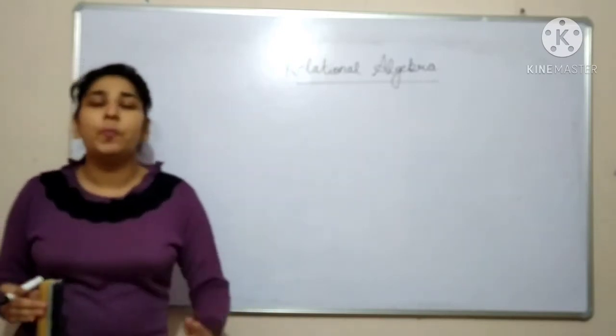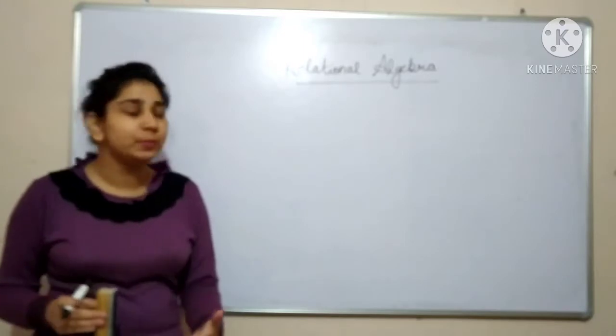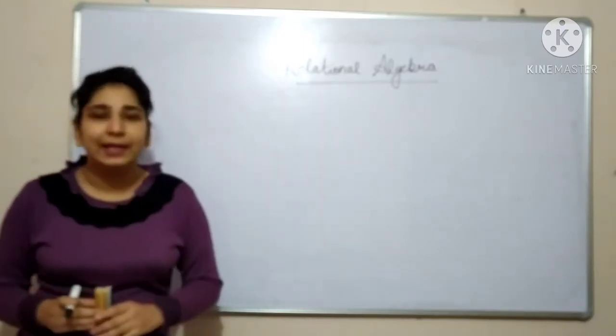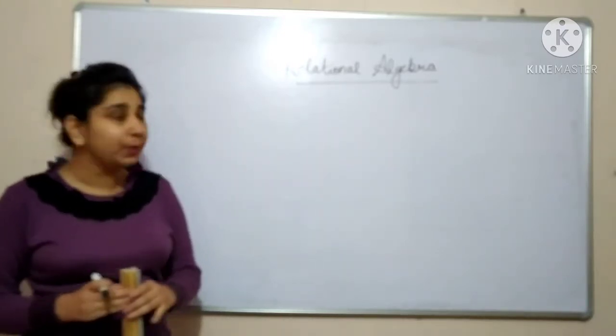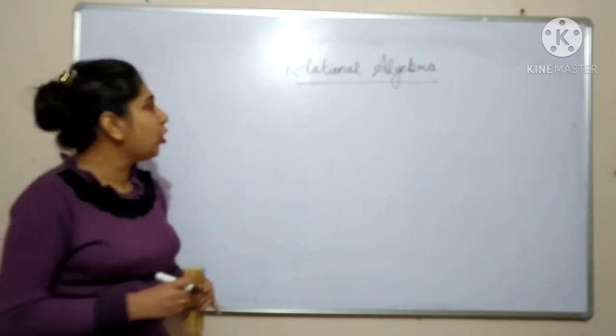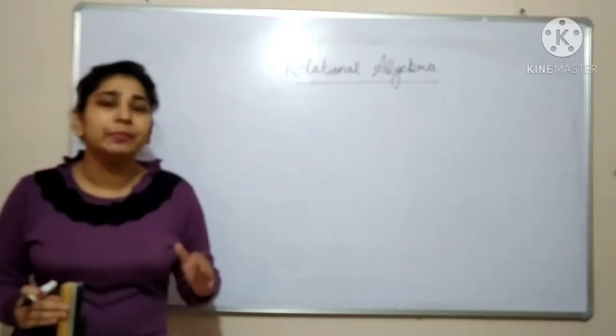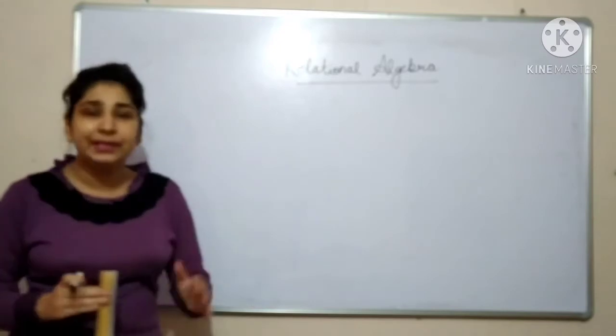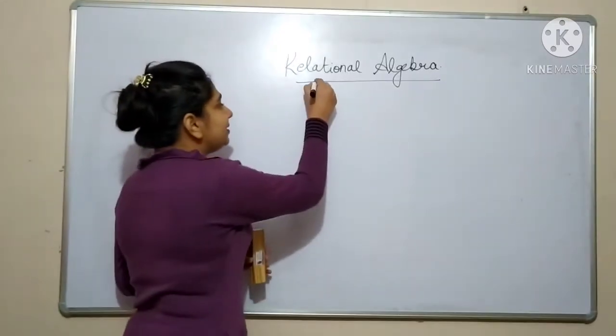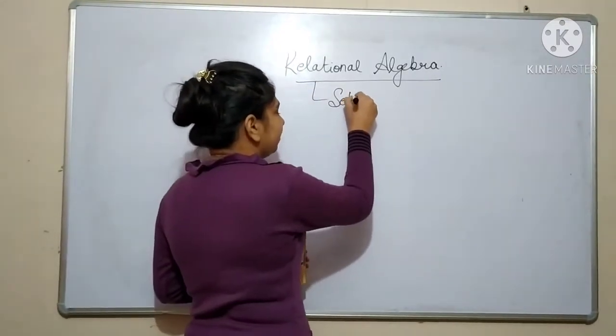What set of operations are possible on a relation? The first operation which I am going to discuss in this video is the selection operation.